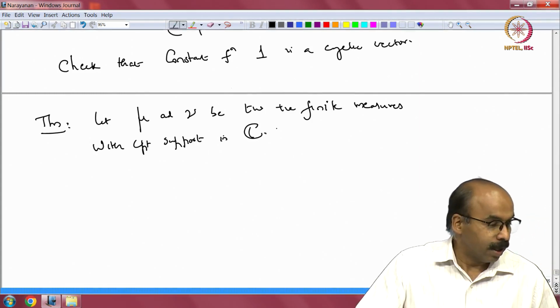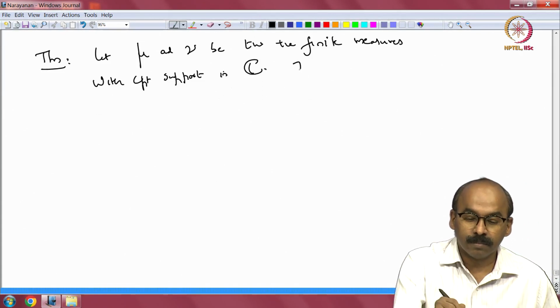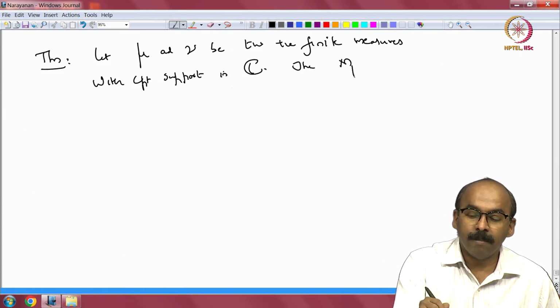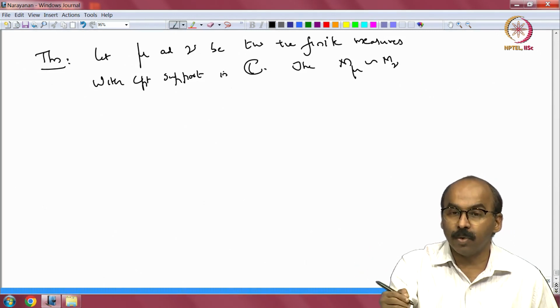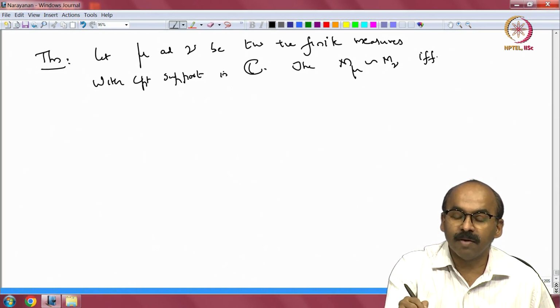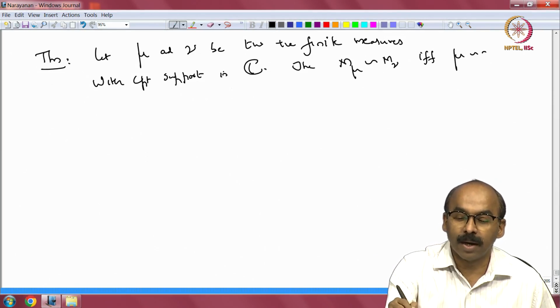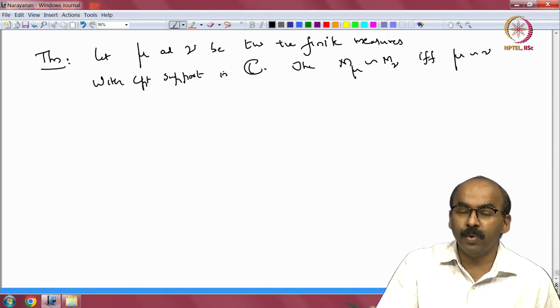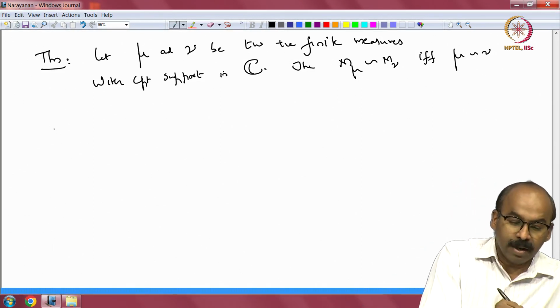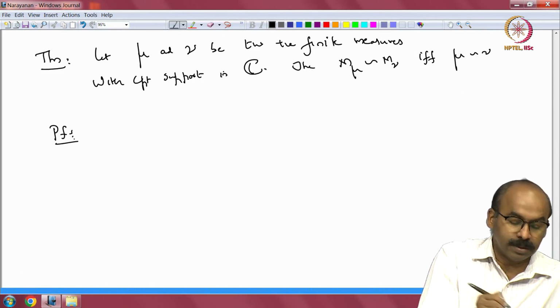Okay. Then M mu is unitarily equivalent to M nu if and only if the measures are equivalent, right. That means, mu is absolutely continuous with respect to nu and vice versa. Well, so we will quickly prove this.